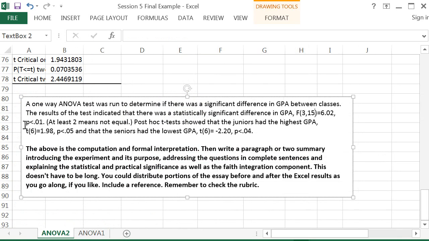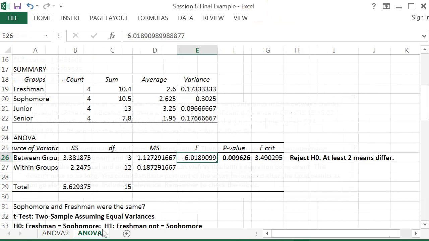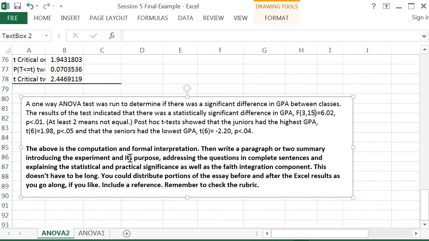And then our p-value was less than 0.01. We want to include that. P was 0.009, less than 0.01, certainly less than 0.05. And that meant that at least two means were not equal to each other. That was our alternative hypothesis.